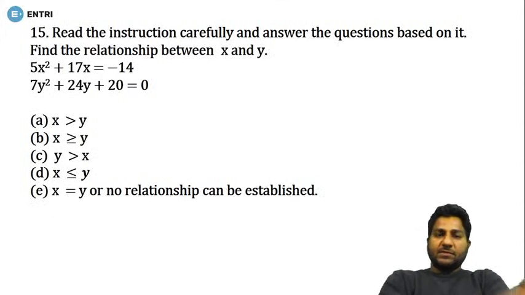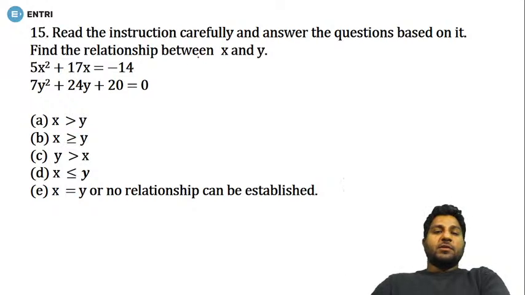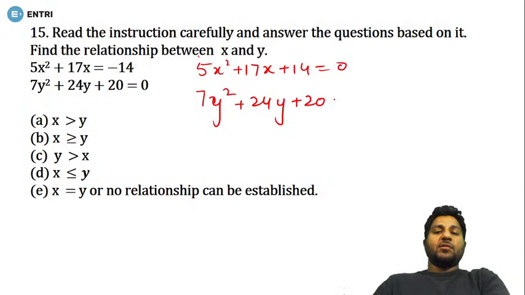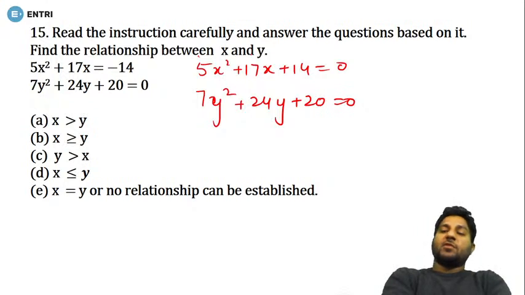Next one. Come on, guys. Tell me the answer of this question. You can write it like this: 5x square plus 17x plus 14 is equal to 0. 7y square plus 24y plus 20 is equal to 0. Now tell me the answer.